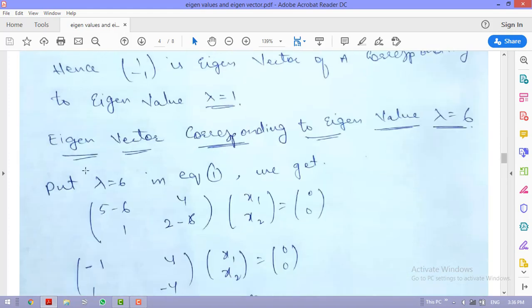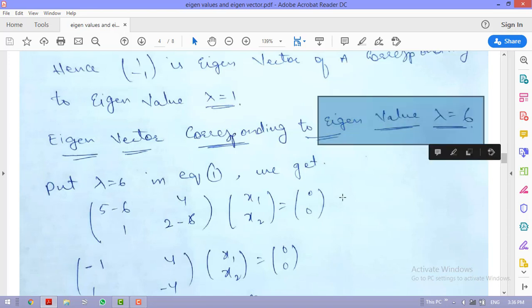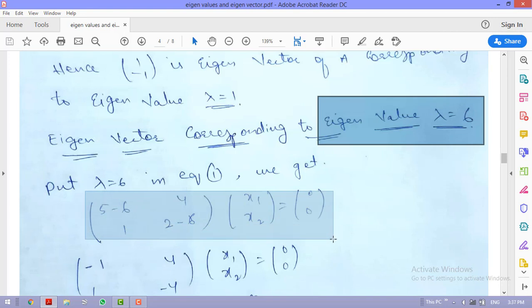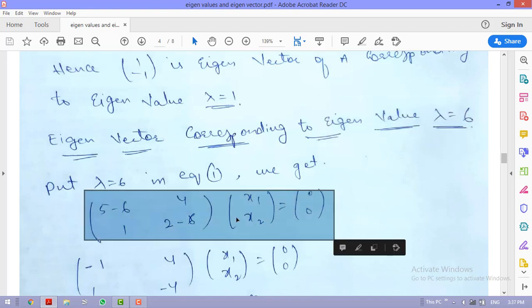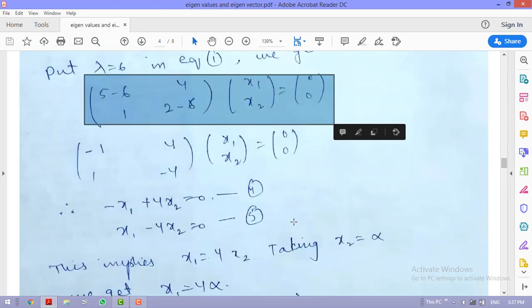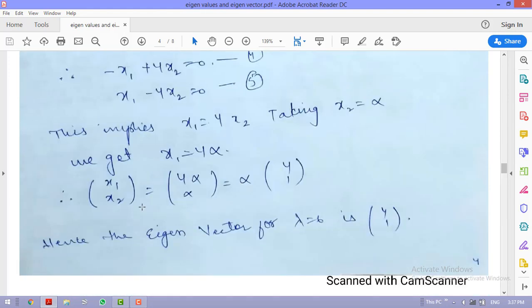So now let us find the eigenvector for the corresponding eigenvalue lambda equal to 6. I'm applying the same procedure I applied before for lambda equal to 1: the matrix [5 minus 6, 4; 1, 2 minus 6] into [x1, x2] equals [0, 0]. After simplifying, I got the eigenvector as 4 and 1.